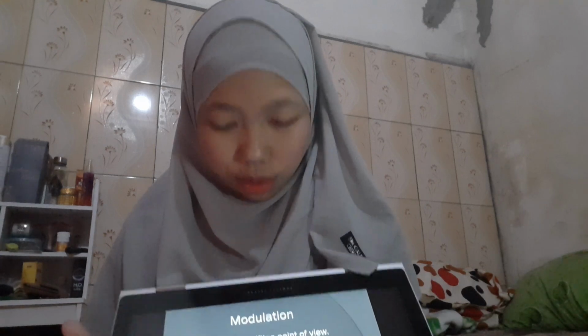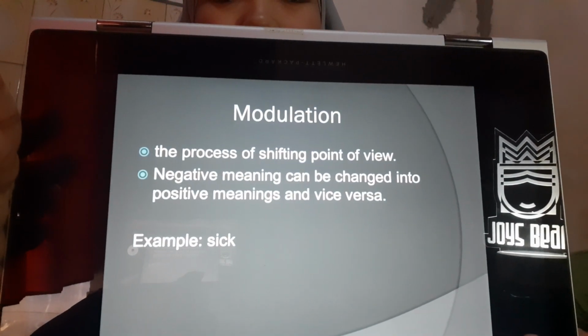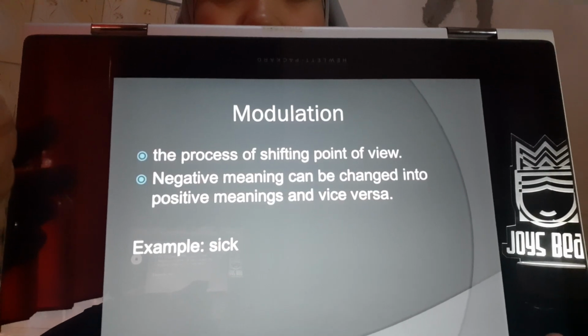Okay, and then modulation. Here, modulation focuses on the meaning, the point of view. So the translator will see the point of view.